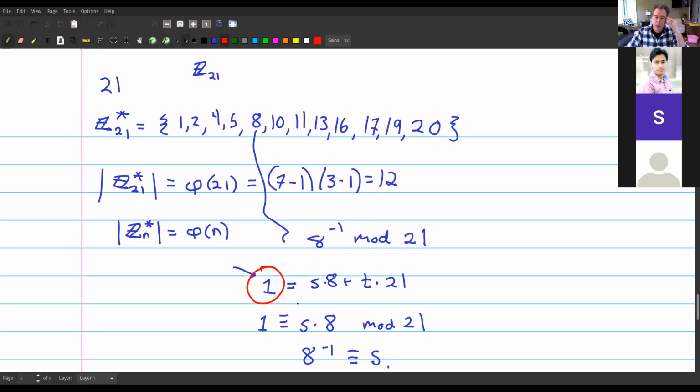So the take-home message here is that a number has a multiplicative inverse mod 21 if and only if its GCD with 21 is 1. And so that's why we only include the numbers that have GCD 1 with 21 in this multiplicative group. That's not just true for 21, that's true for any n. And that's why the multiplicative group is what it is, and why it has the cardinality that it has, and this is how you compute inverses in that group.